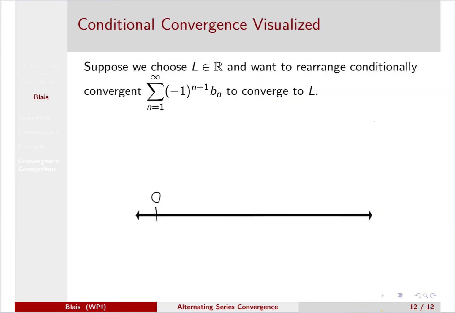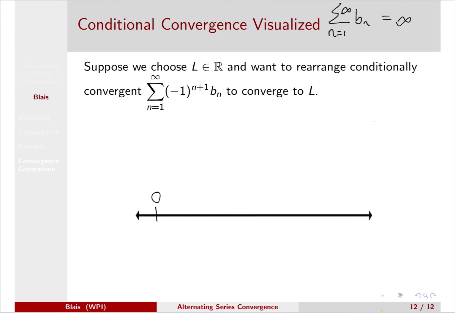So first, suppose we are given an L in the real numbers. We picked it out of a hat, and we want to do this rearrangement of our conditionally convergent alternating series to get the new rearrangement to converge to L. So first of all, because it's conditionally convergent, it's not absolutely convergent, which means the sum, n going from 1 to infinity, of b sub n diverges. That's infinite.